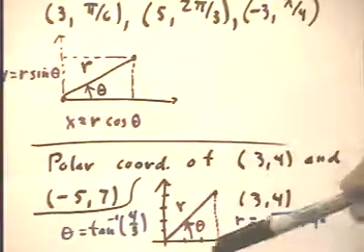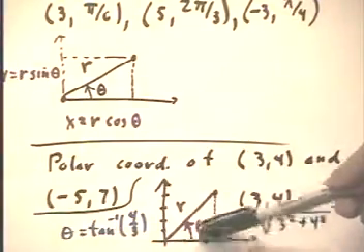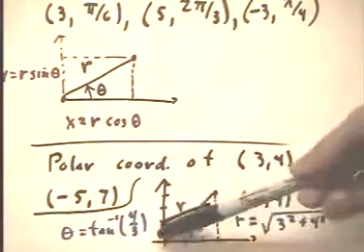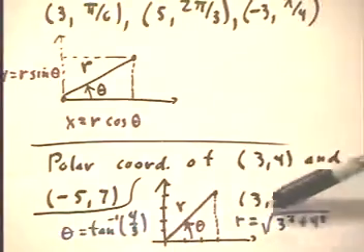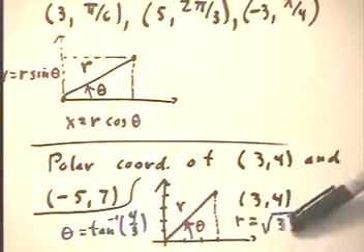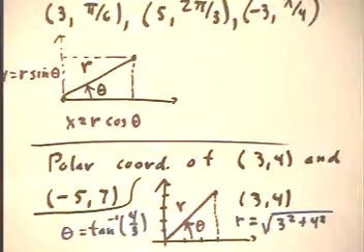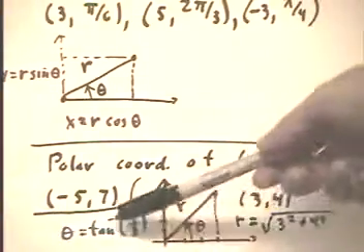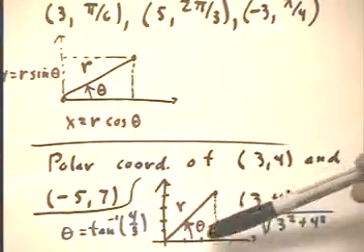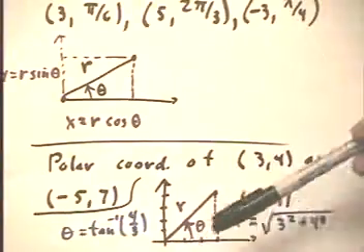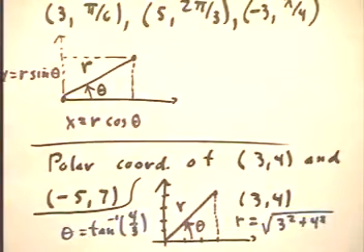And then from the sides of this triangle, which are 3 and 4, we see that r, which is the hypotenuse, has to be found by the Pythagorean identity, the square root of 3 squared plus 4 squared. And your angle theta is the inverse tangent of 4/3, the opposite over the adjacent side, or the y over the x, depending on whether you're using the triangle or circular definition of the sine and cosine.